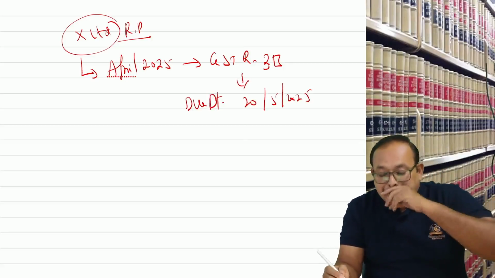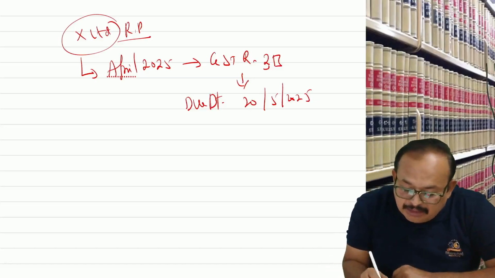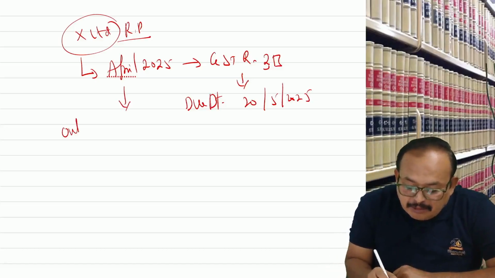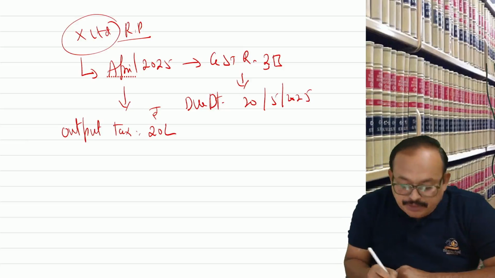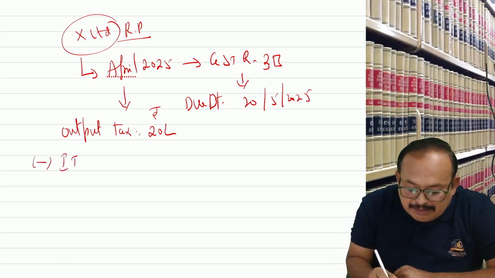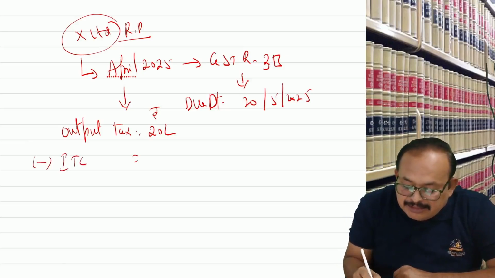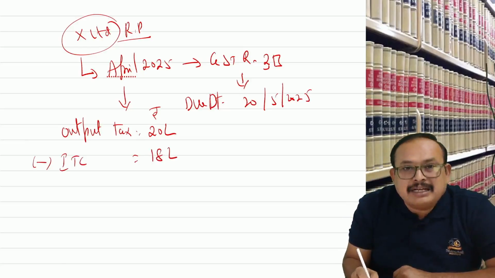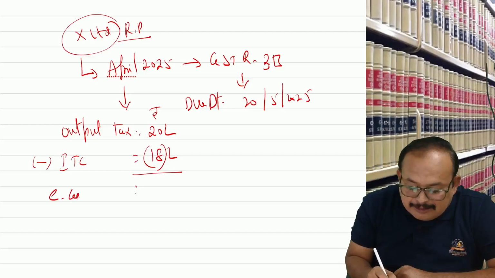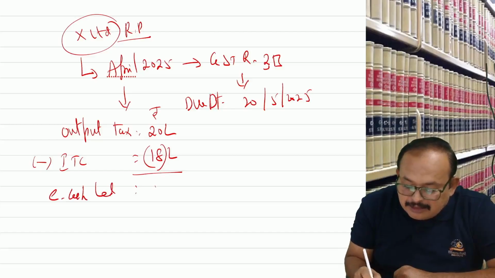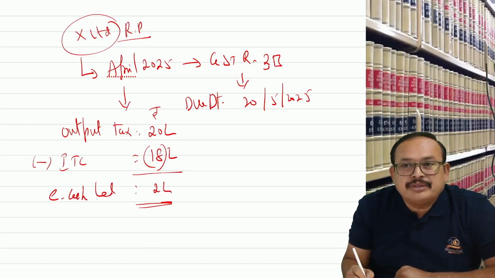Correct, sir? Now here in this month, my output tax liability is 20 lakhs. My input tax credit is 18 lakhs. Then electronic cash ledger 2 lakhs.